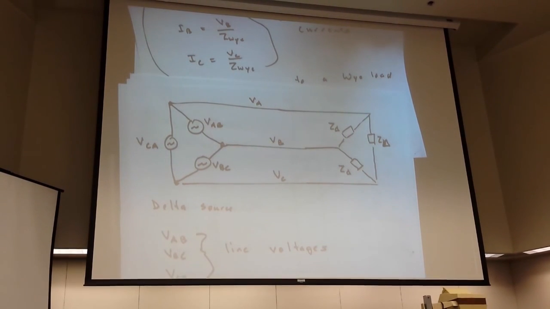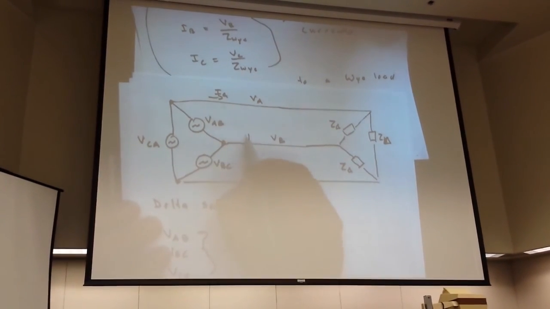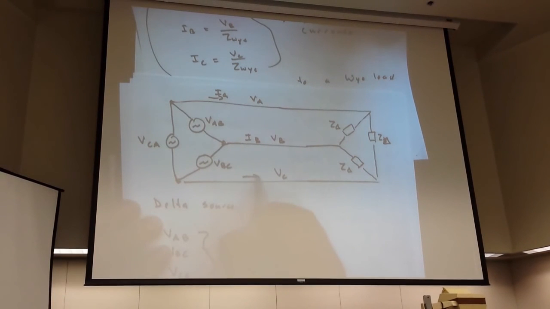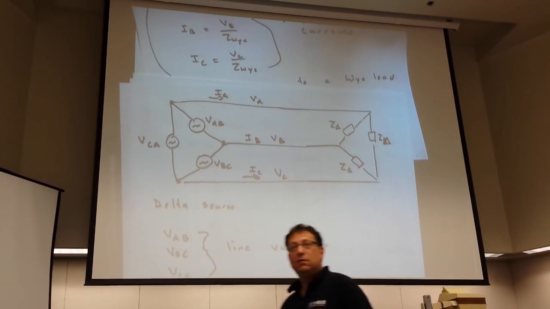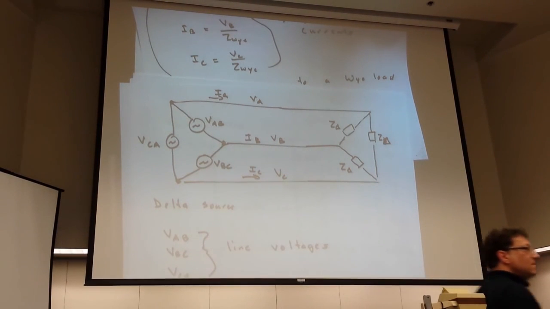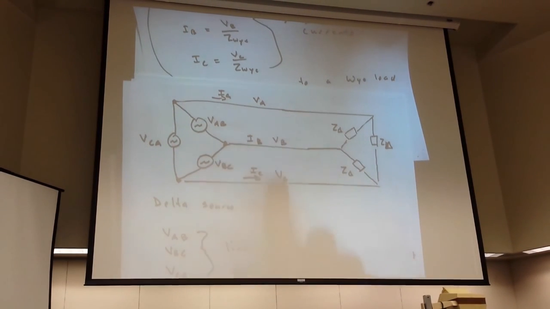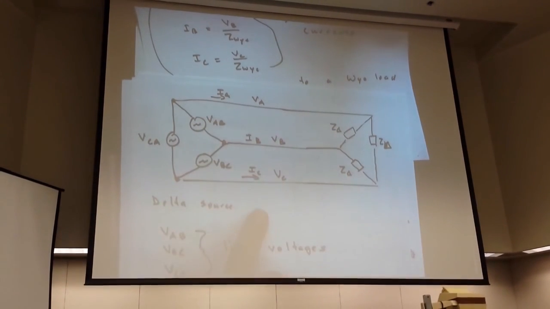So in this case, again, we have IA, that's line current, IC, if we didn't have a balanced load. What happens here? When we think about currents, if the load is balanced, these all have the same current.